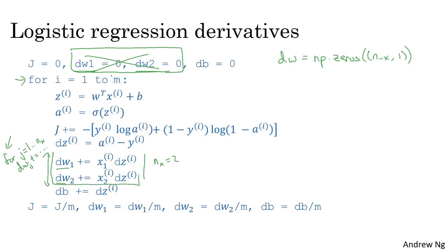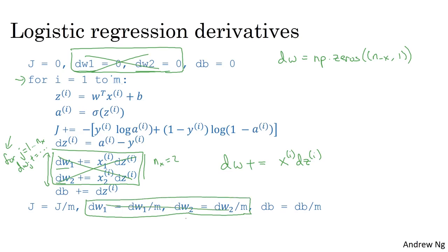Then here, instead of this for loop over the individual components, we just use this vector valued operation, dw plus equals xi times dzi. And then finally, we will just have dw divided by m. So now we've gone from having two for loops to just one for loop. We still have this one for loop that loops over the individual training examples.